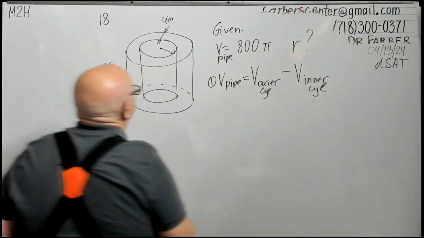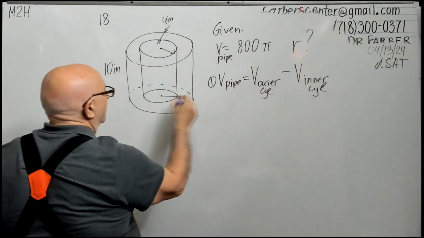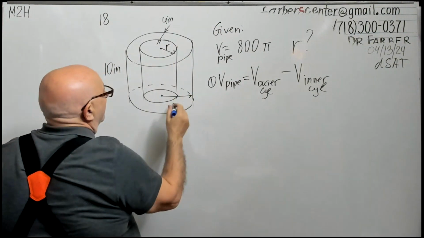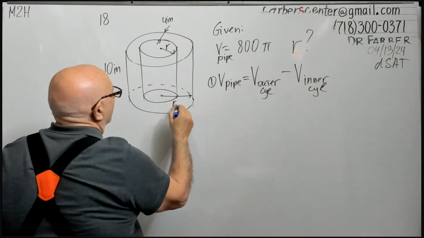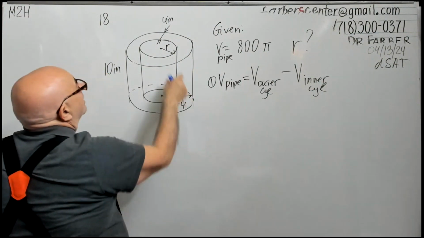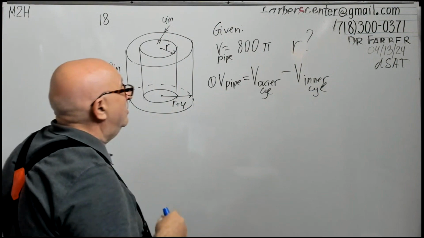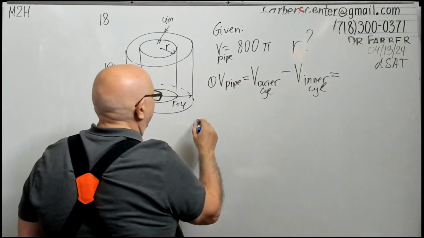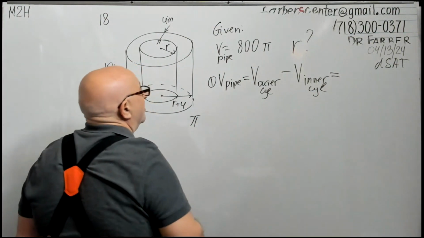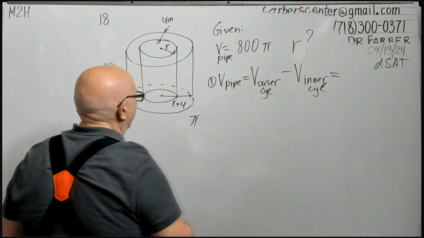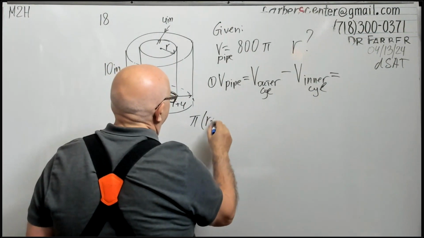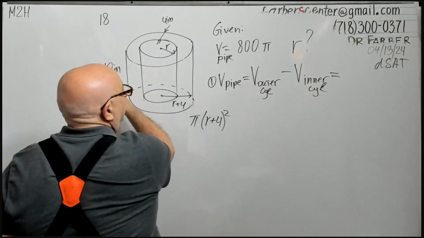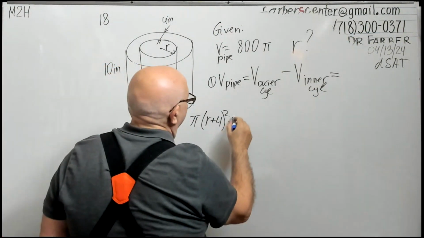And the outer radius would be R plus 4, since this one is 4 given. So it equals pi times (R plus 4) squared times height. Height is 10. So far so good.